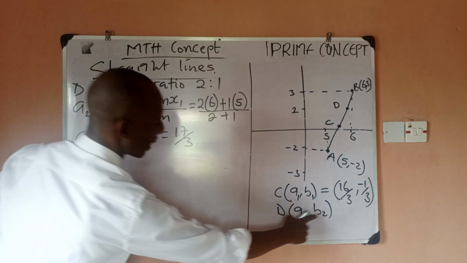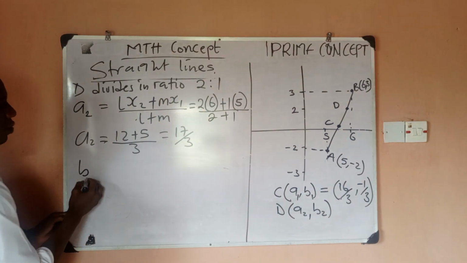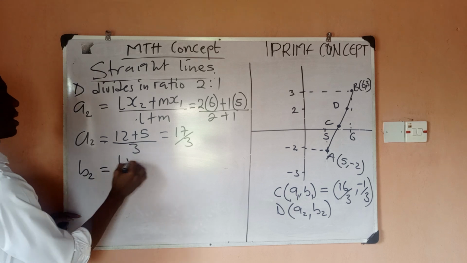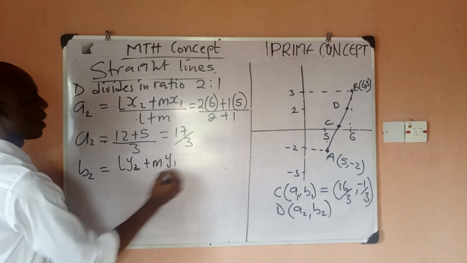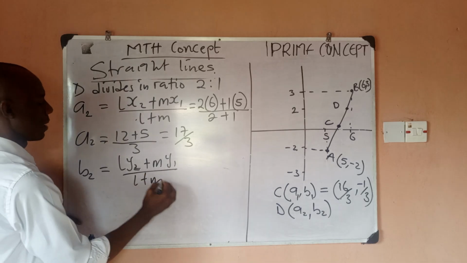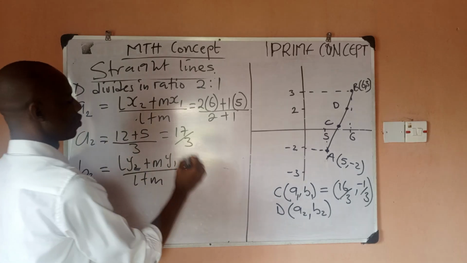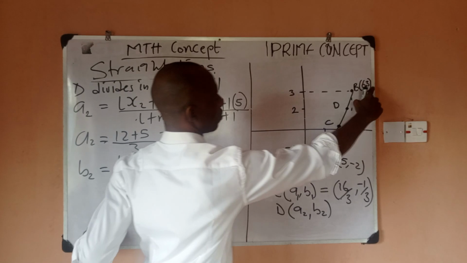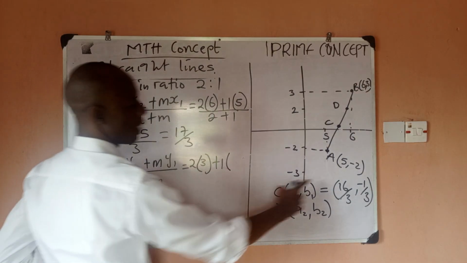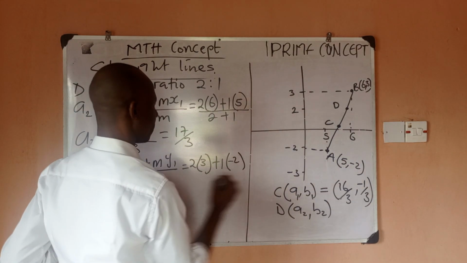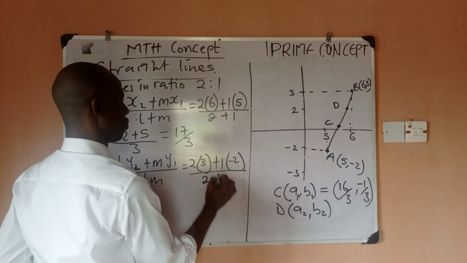Now I want to find B2, which is my Y in this case. So it's going to be Ly2 plus My1 divided by L plus M. So what do I have as my L? 2 into my Y2 is 3 plus M, which is 1, my Y1 is minus 2. All divided by 2 plus 1.